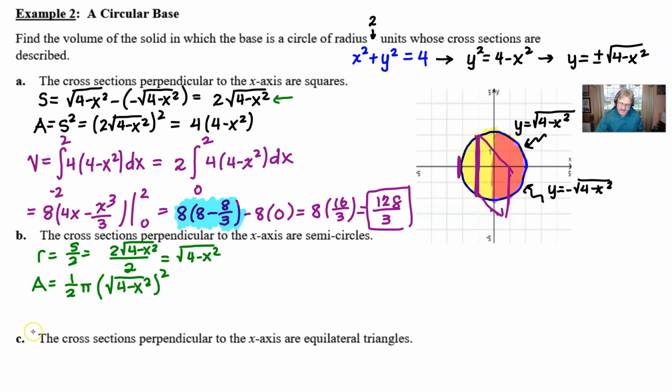Well, look and see what happens when we put the volume together. We're going to end up integrating from -2 to 2, and the 1/2 pi would normally have come out in front. It's pi over 2, and we're going to square the square root of 4 minus x squared, which is 4 minus x squared.